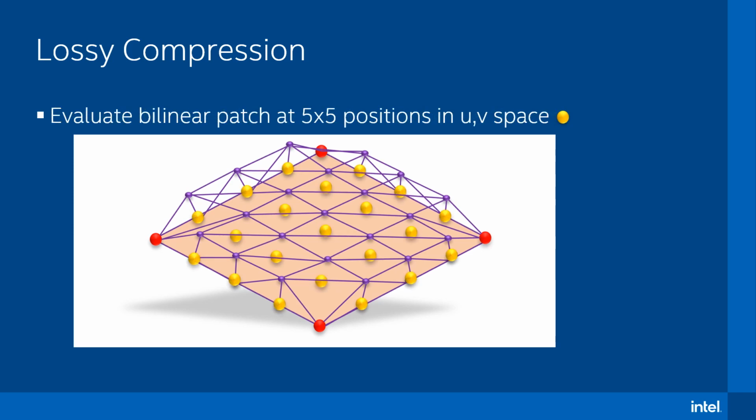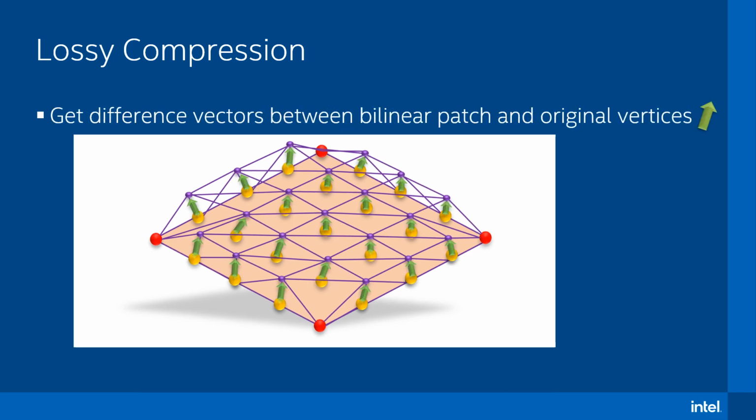Then we evaluate the bilinear patch at 5 by 5 positions in UV space. These 5 by 5 positions are just a regular grid in UV space. Given the positions on the bilinear patch and the original vertices, we compute the difference vectors or offset vectors between them.